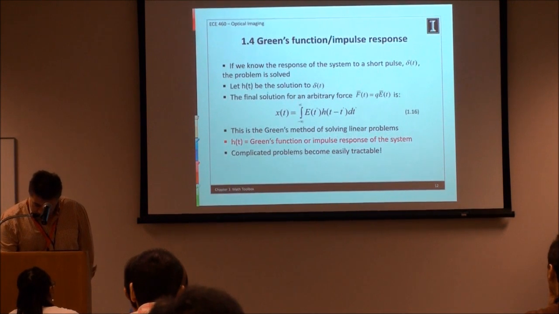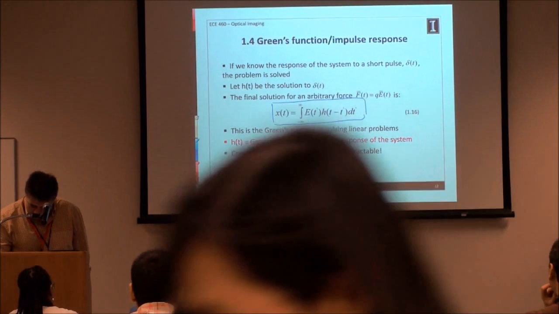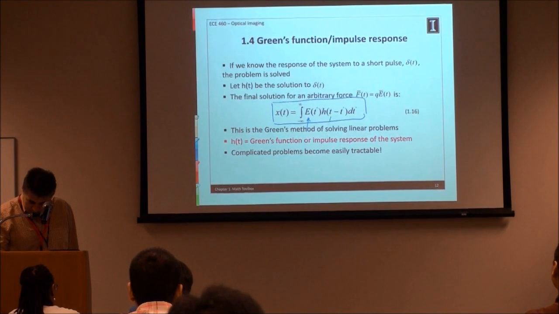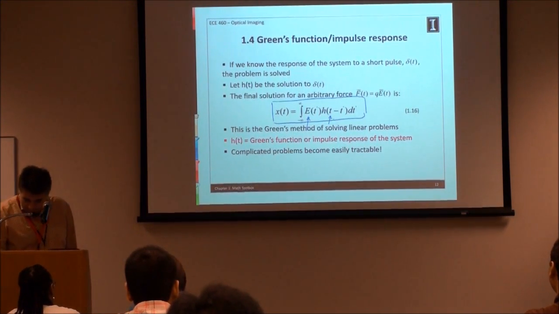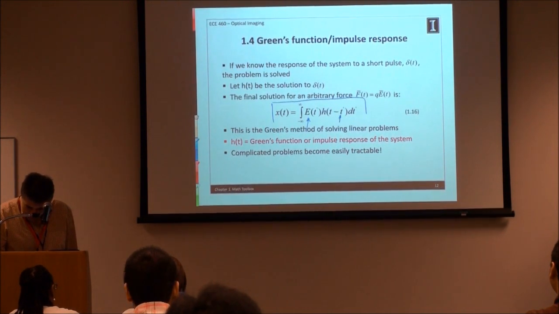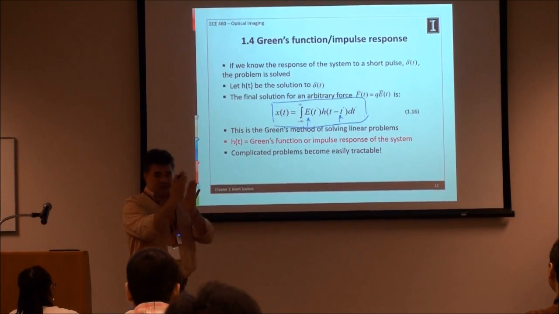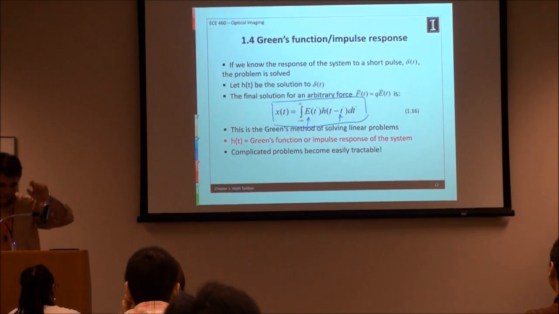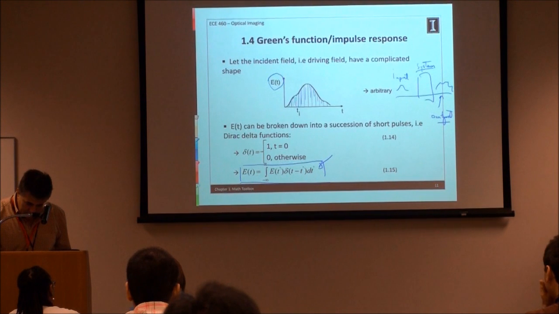What I get in the end is summing all those h's with the proper amplitude given by the input, and with the proper shifting. So this integral is again adding the responses to all the delta functions, shifted at the proper position and with the proper amplitude, which I just showed you comes from here. So there is an amplitude at this point, another one here, and so on.